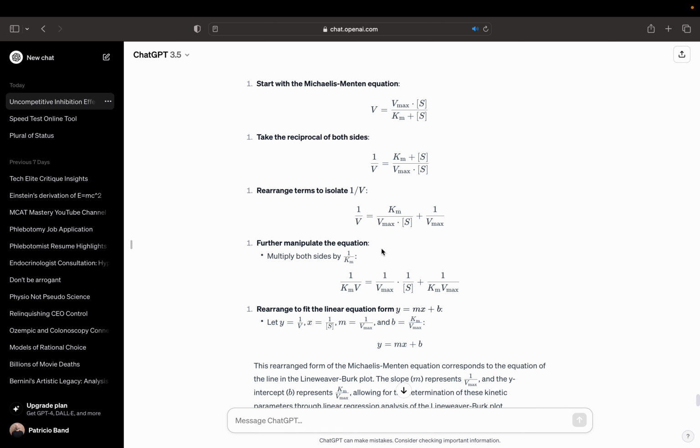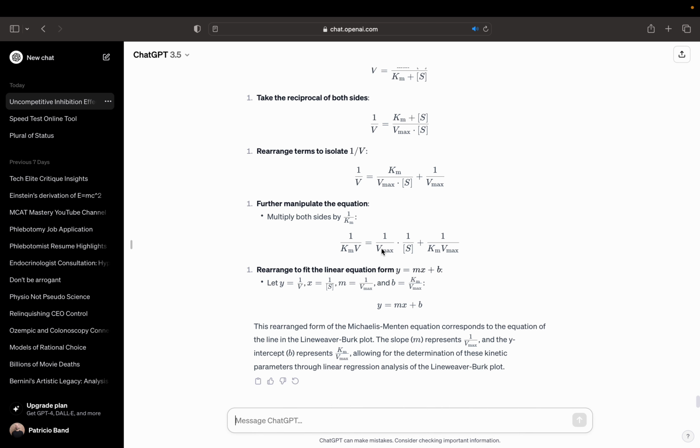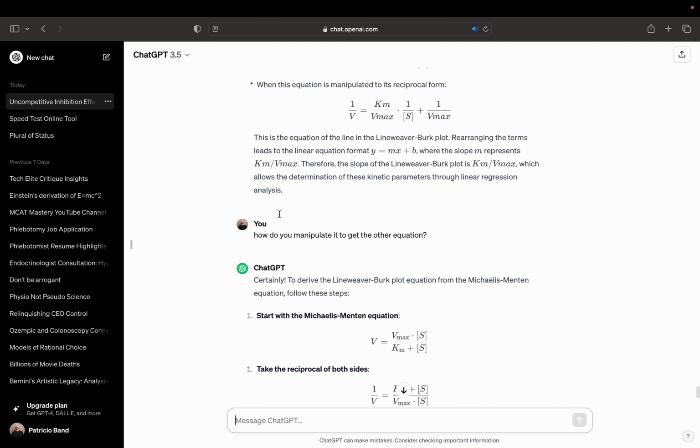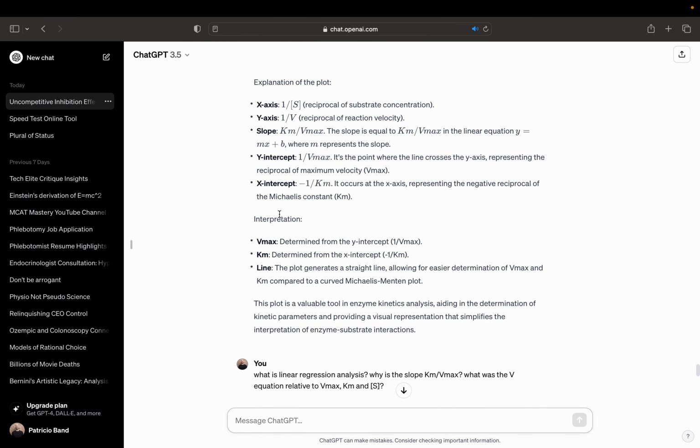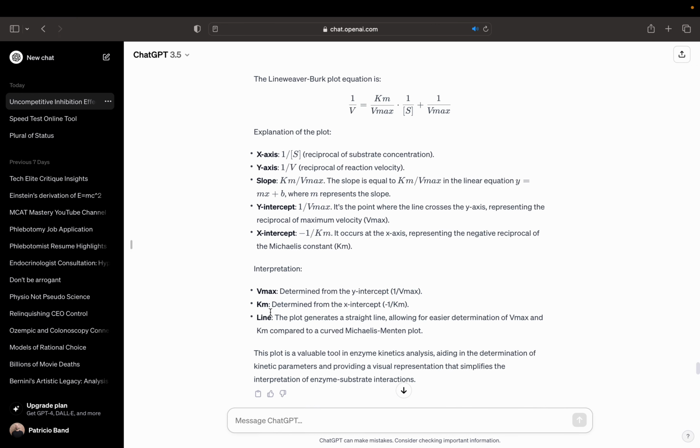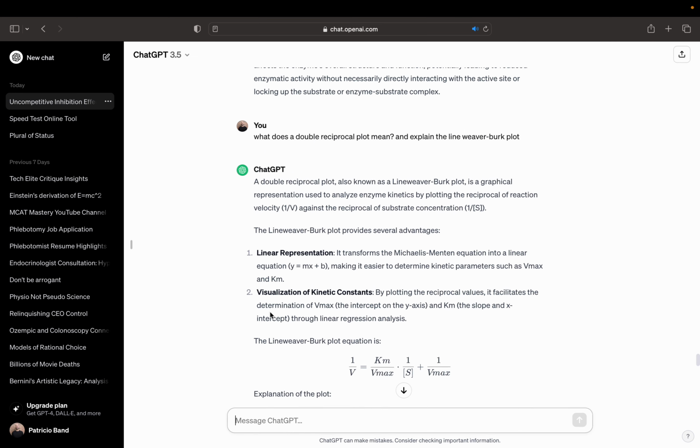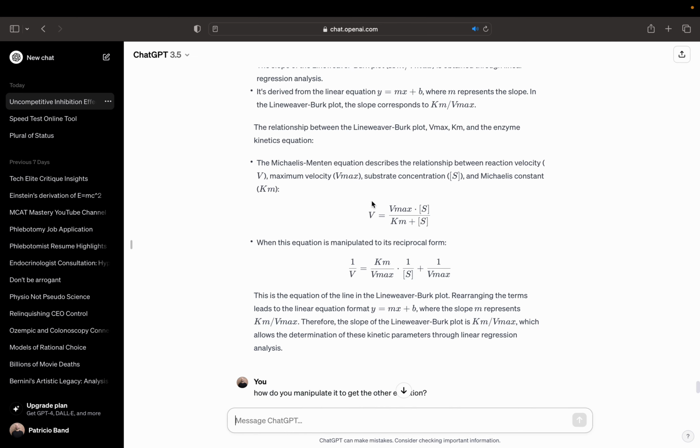Let y equal 1 over V. Wait, so the slope is actually Km over Vmax.